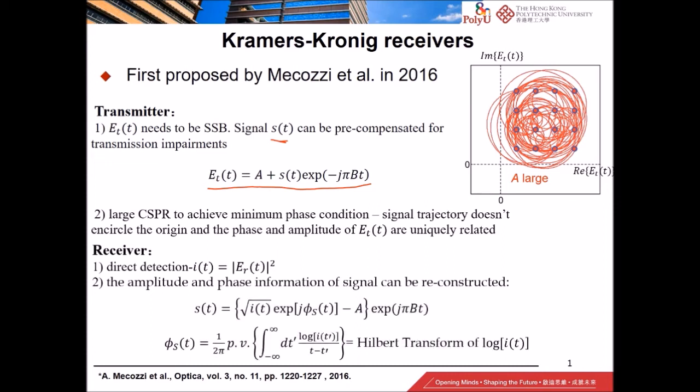The phase of the information signal can be obtained by calculating the Hilbert transform of the log of the direct detected current. In this case, we will be able to recover both the amplitude and phase of S. And this is what we call a KK receiver.